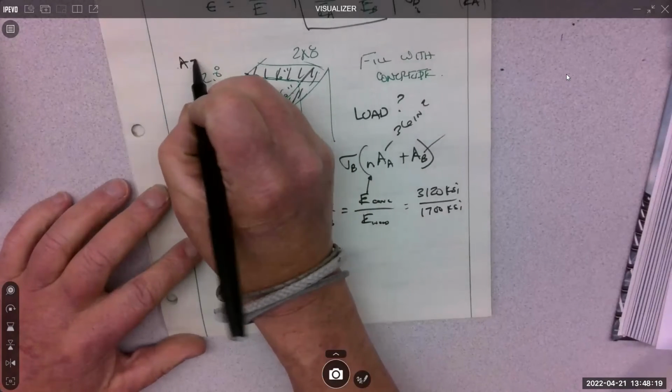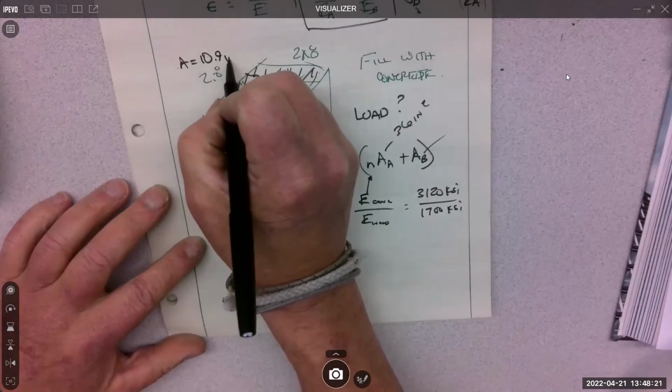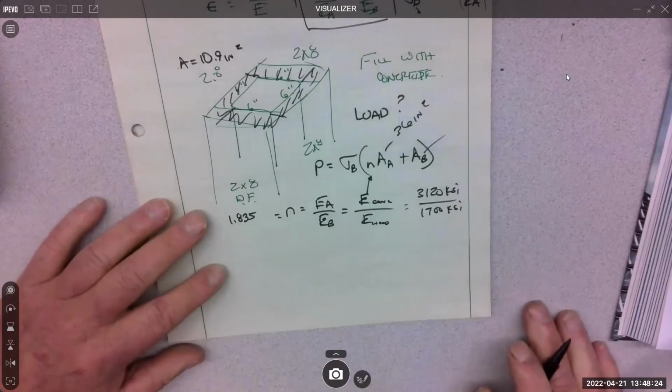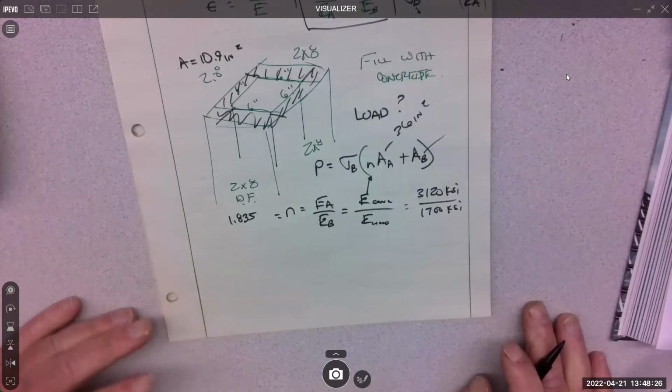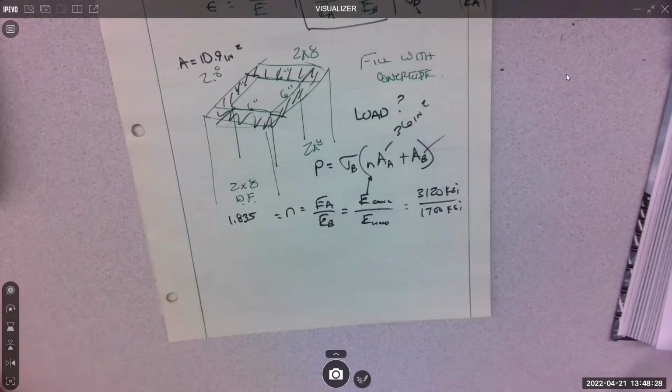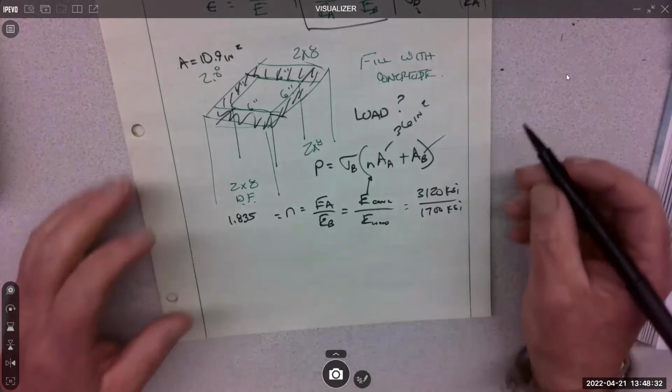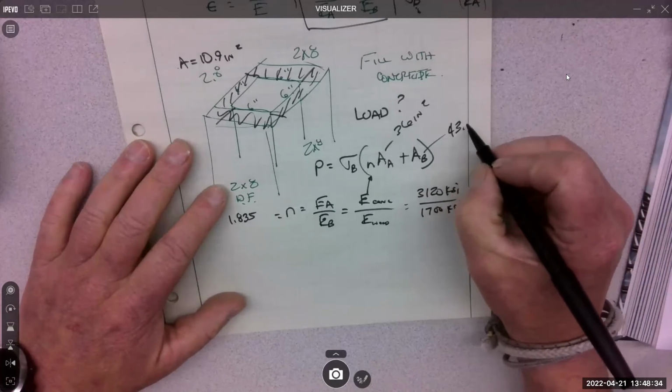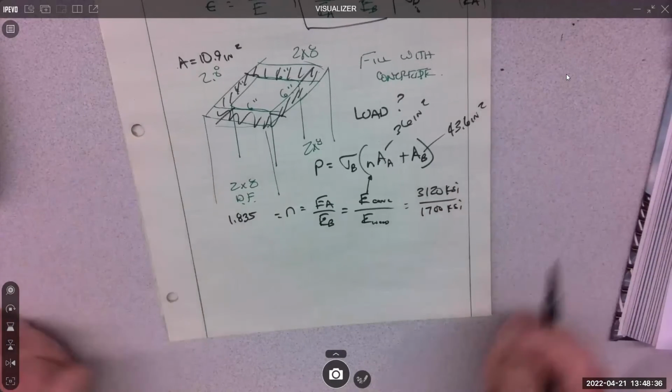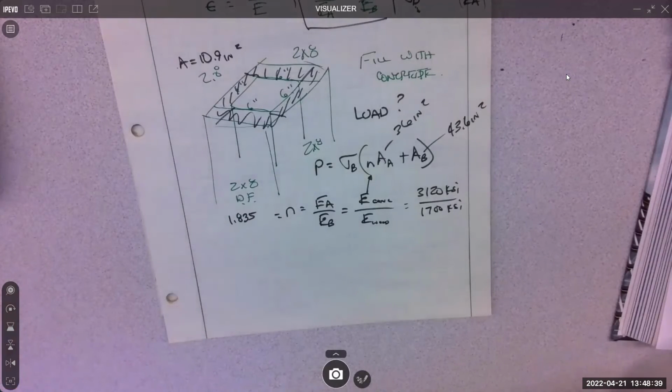So area here equals 10.9 inches squared. And I need 4 of them. 43.6. Now I should be able to write the whole equation.